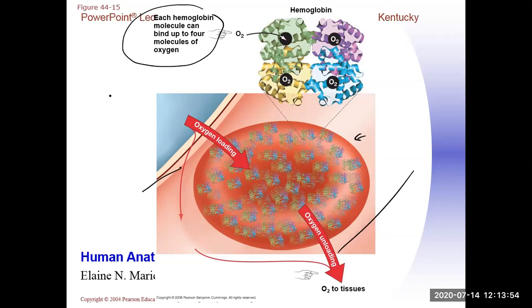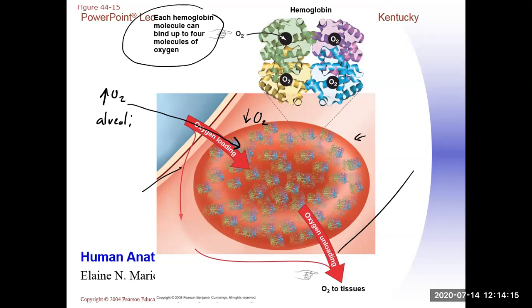From the lungs, right here is the alveoli. You have a higher amount of oxygen. In here, you have a low amount of oxygen. So oxygen will go right in there. These hemoglobin have an attraction for the oxygen, and they get loaded, and basically now you're able to carry.